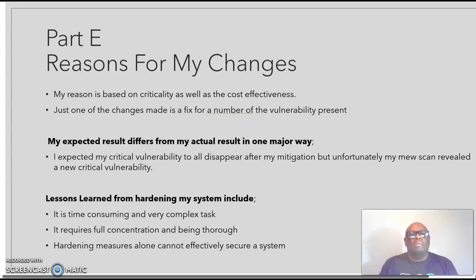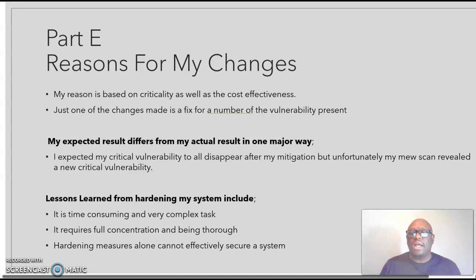Then my expected result differs from my actual results in one major way, because I expected that my critical vulnerability would disappear after mitigation. Before mitigation, I had three high vulnerabilities. I didn't have any critical. So after mitigation, I expected those high vulnerabilities to disappear.